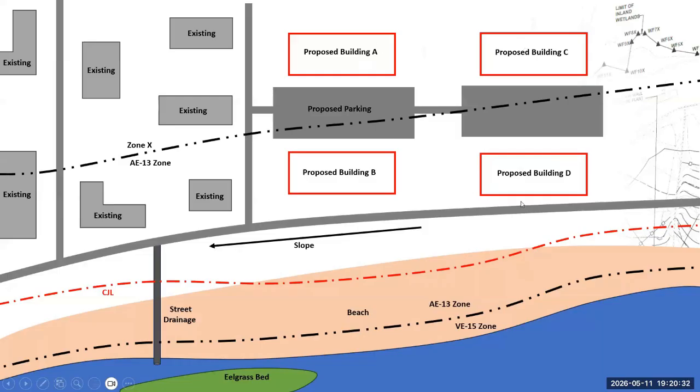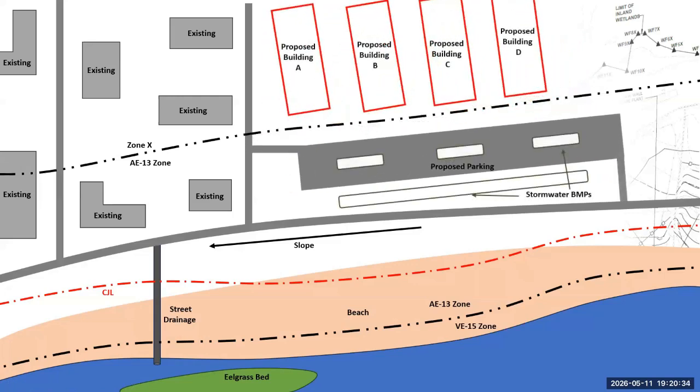So this is a case where we would recommend in comments, and the commission would hopefully also recommend and condition or modify the application to pull those residential buildings outside of the flood zone. They can remain on site. Within the flood zone, that's a good opportunity for stormwater best management practices, as well as locating the proposed parking there.